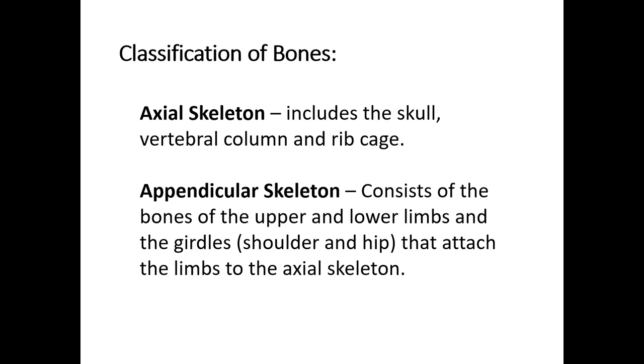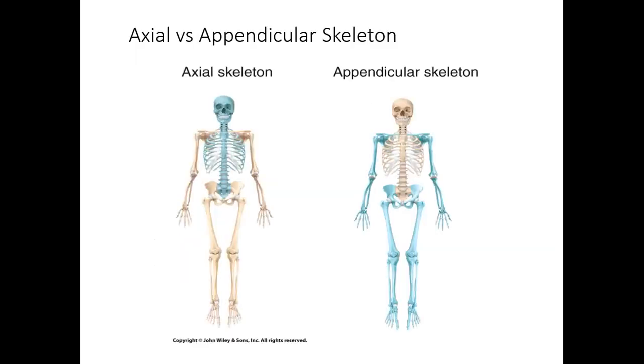There are 2 girdles located within your skeletal system. So in this slide, the blue shows you all of the bones that are associated with the axial skeleton. And over here, the blue identifies all that is associated with the appendicular.